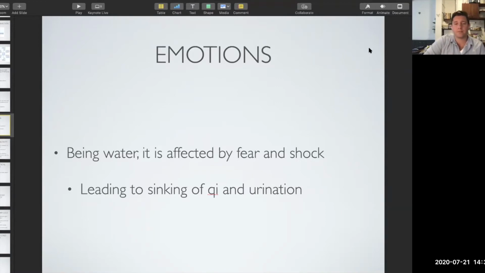But really, the kidney controls the lower orifices. We could argue that it controls the opening and closing of the urethra through its kidney-yang connection to the urinary bladder. But in adults, oftentimes that sort of fear and shock will just result in fainting. And part of the reason for that is that the urinary bladder is sufficiently strong that it's not damaged by that descent. But yeah, fear and shock can cause qi to sink and can cause urination.